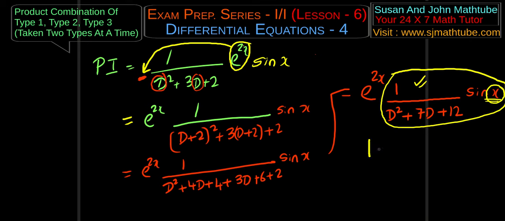So 1 squared gives me 1, and I take the negative of that, I get minus 1. So in the next line, we write e to the power 2x 1 by, I replace d square with minus 1, plus 7d plus 12 of sin x.